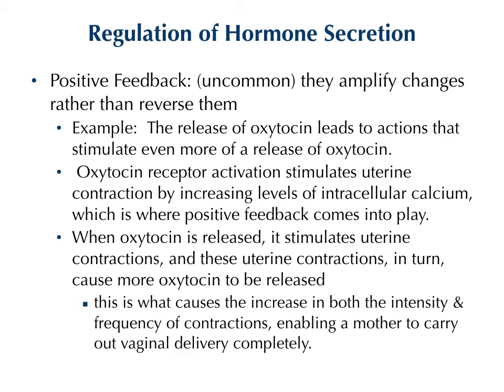And this is where the positive feedback will come into play. When the oxytocin is released, it will stimulate more uterine contractions, and these uterine contractions in turn will cause even more oxytocin release. And this is what will cause the increase in both the intensity and the frequency of contractions during labor that will enable the mom to carry out a vaginal delivery.